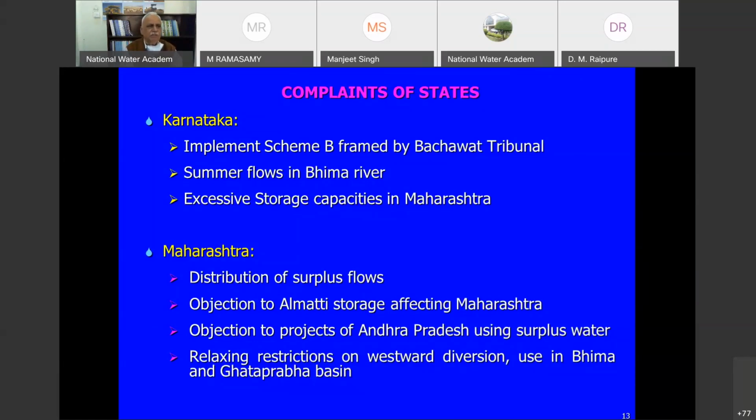These were the three main complaints of the state of Karnataka.